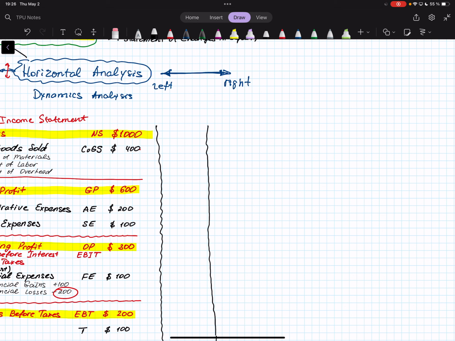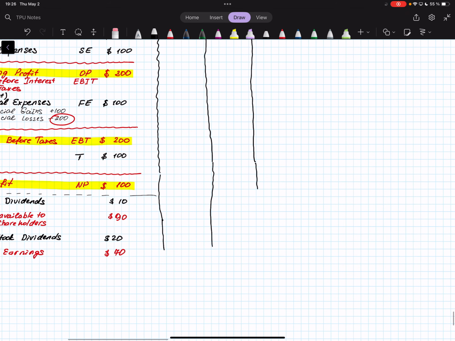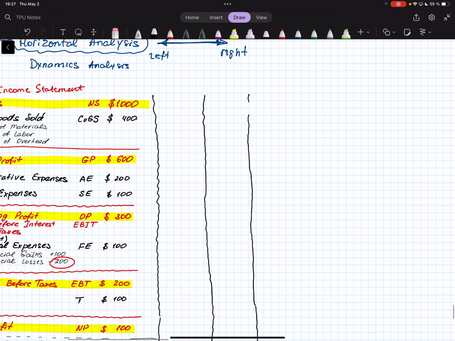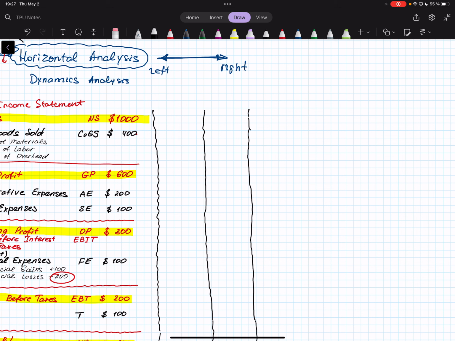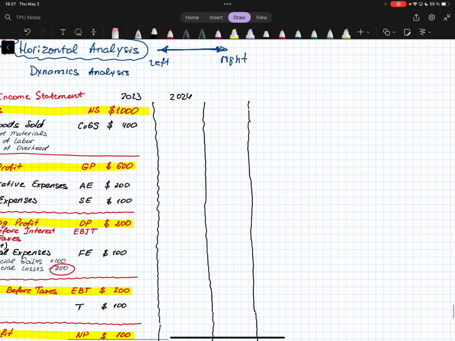And then another line, all the way to the bottom. Okay. So let's say this is the column for 2023, and this will be 2024. And these will be some of our extra numbers that we will use for analysis.